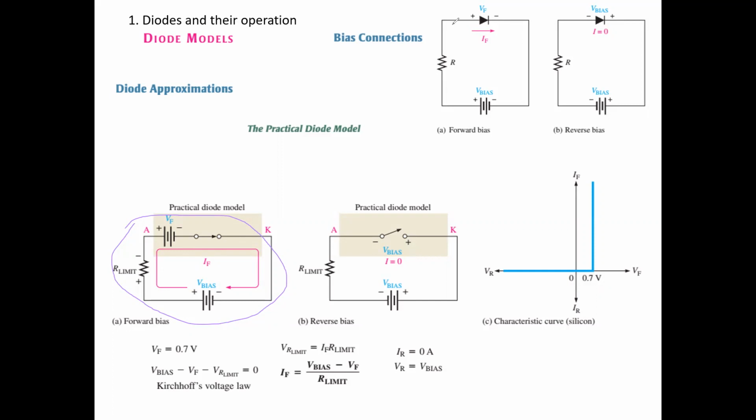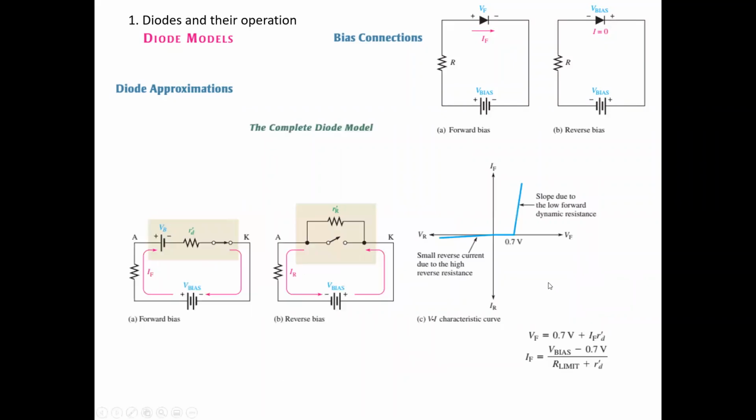Okay, I hope that is clear to you. Now we see this slope, and also in addition to this current limiting resistor, we have internal resistance in the diode as well.